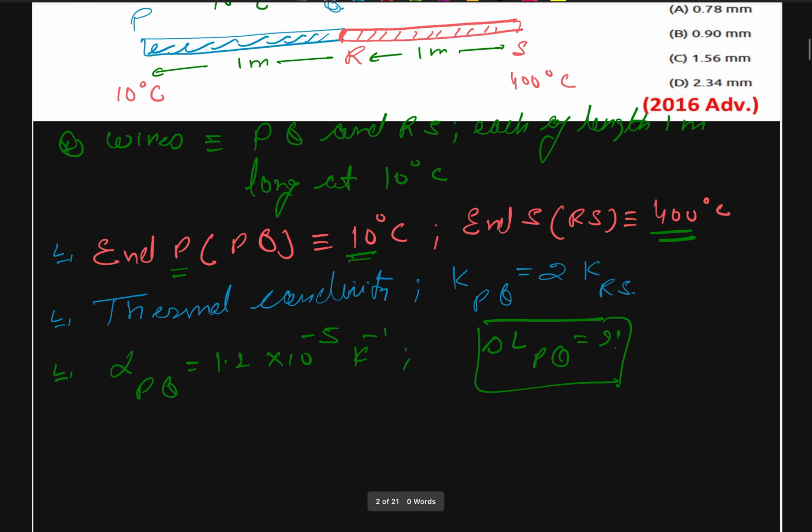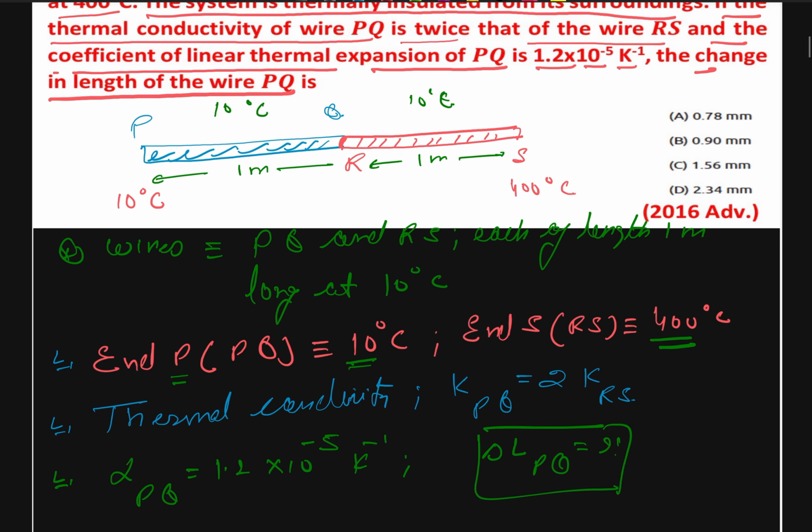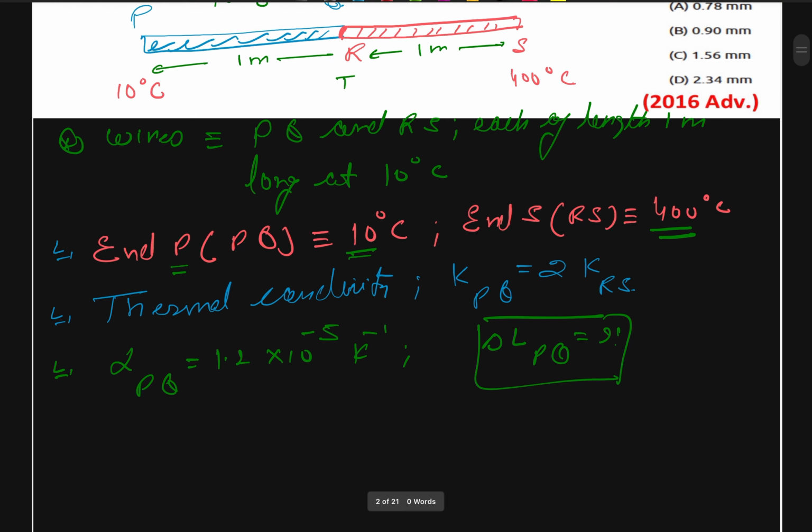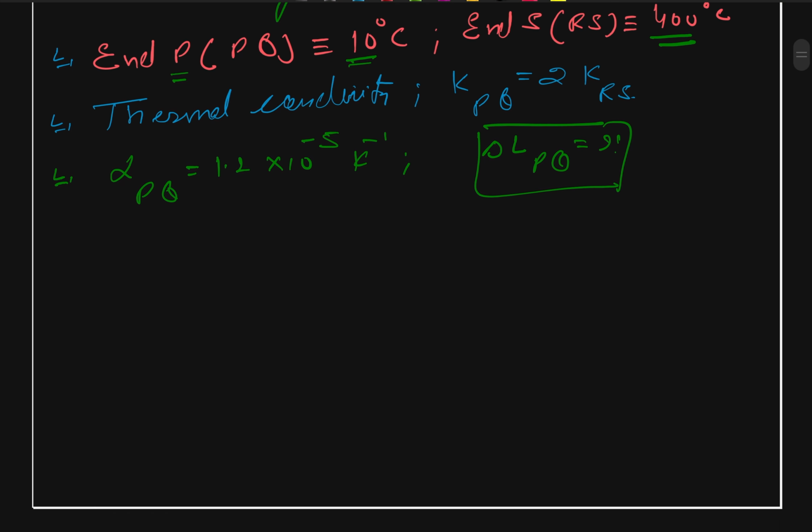Therefore, we can assume that this solder joint is having a temperature of T at steady state. We can just assume that. So let me write that heat flows from S, which is a hot junction, to P, which is our cold junction.